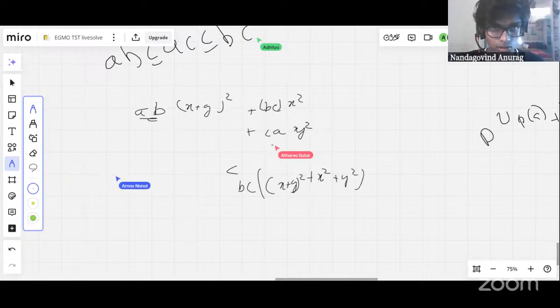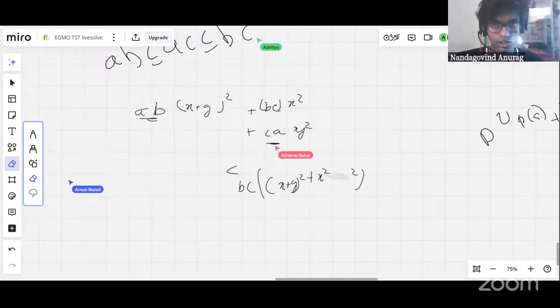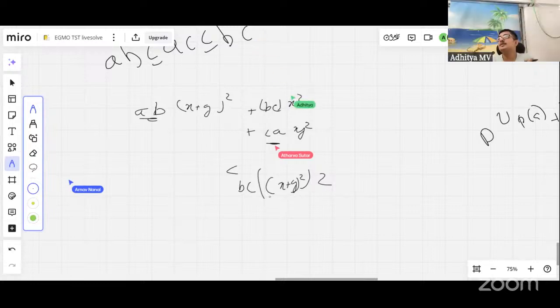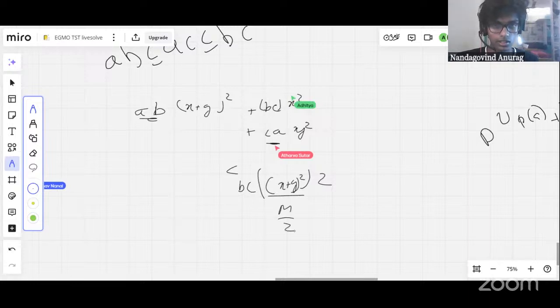But x square plus y square is less than or equal to x plus y whole square, so this is less than or equal to 2 times BC times x plus y whole square. But x plus y whole square is at most M by 2, so this thing is at most M times BC.